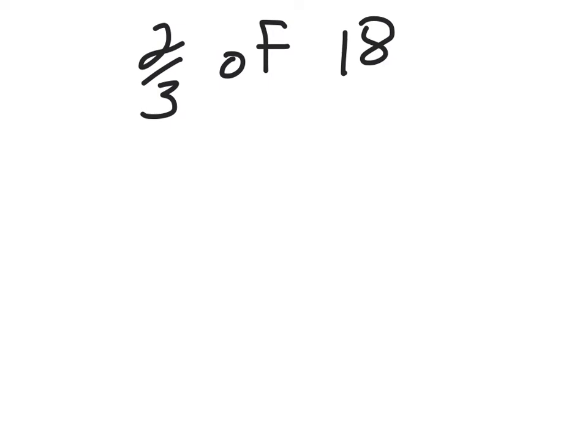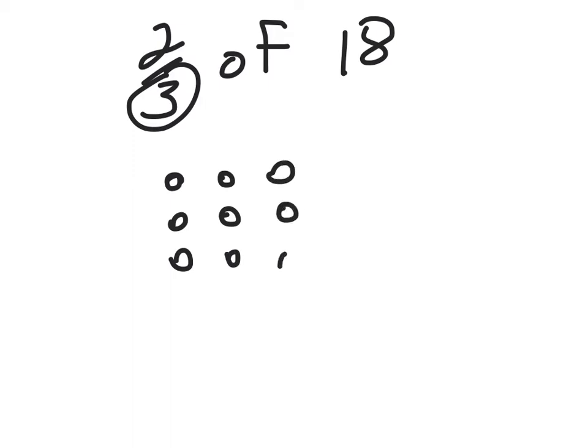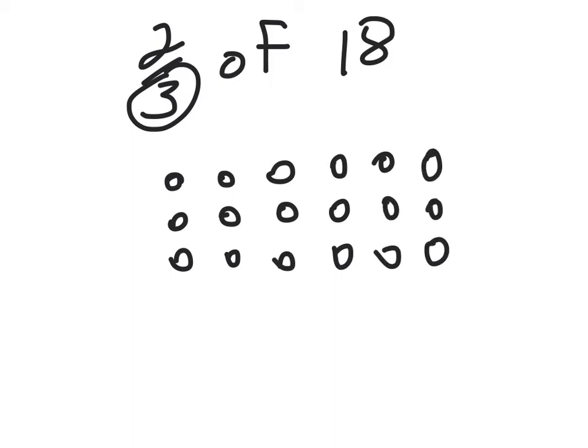Another way to think about it is this, 2/3 of 18. So I'm going to do 1, 2, 3 because my denominator is 3, 4, 5, 6, 7, 8, 9, 10, 11, 12, 13, 14, 15, 16, 17, 18.